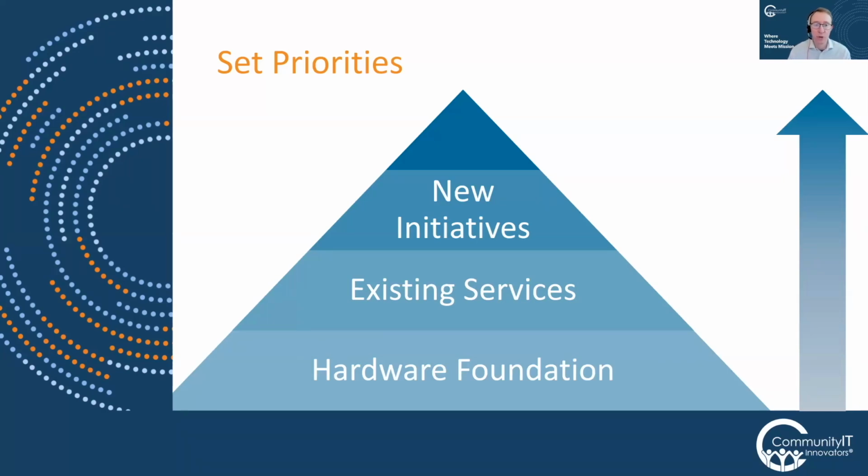You can't really use the other IT solutions that you're purchasing if you don't have good hardware in place. If you have an office, making sure that it has good and up-to-date networking equipment that works effectively for staff is critical. So even though a lot of IT has moved to the cloud, hardware is still really foundational. You've got to start with the hardware, and you've got to make sure that it's in a good place.